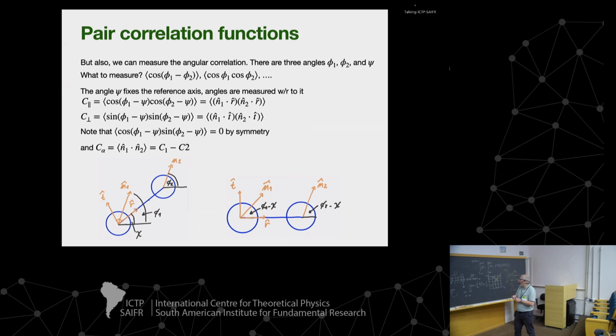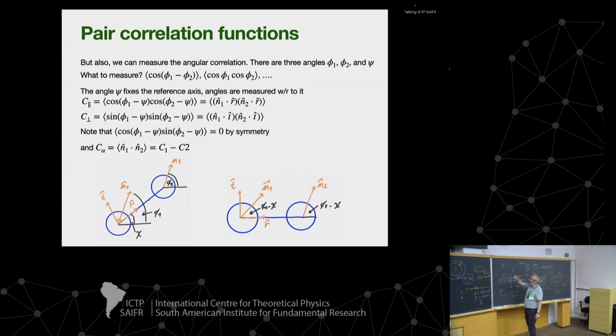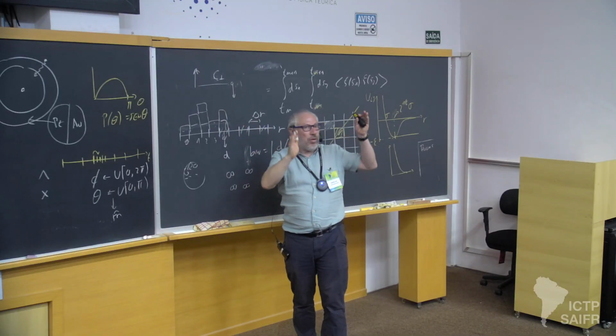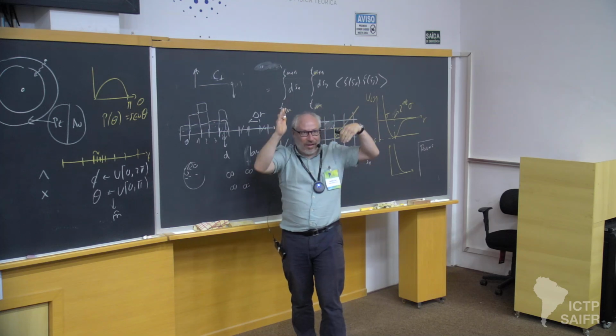The perpendicular component is very nice because it helps you, for example, to identify vortices in your system. Because if you have a vortex like this, then C perp is going to be negative at that distance, because most probably you have one particle moving in this direction and another particle moving in the opposite direction, like this.